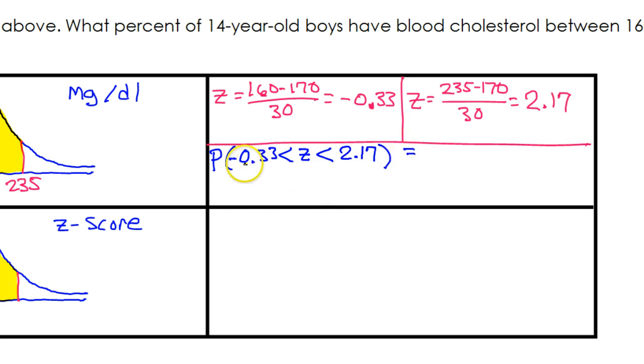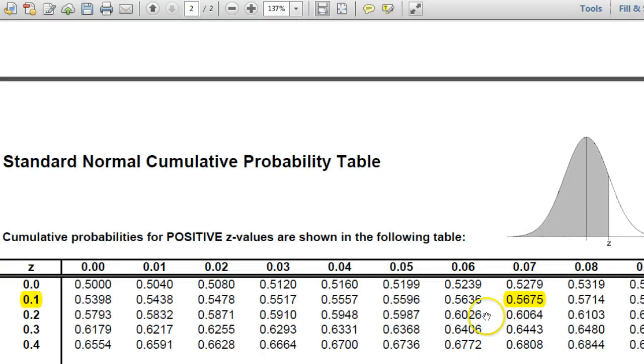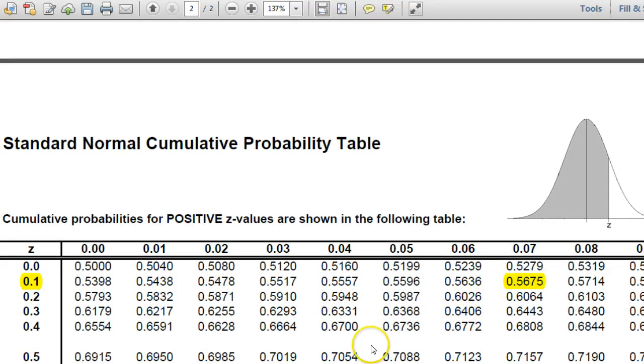So here's how I show the percentage of z-scores that are between two values. When I'm doing between two values like this, I find the percents on my z-score table and I subtract them. It'll always be the bigger one minus the smaller one.